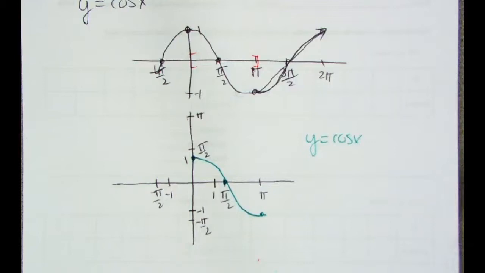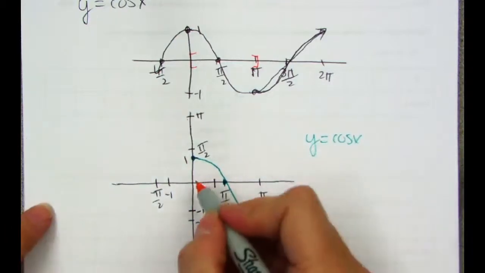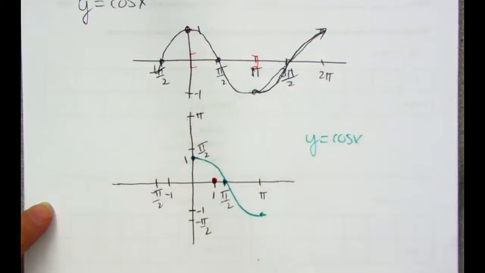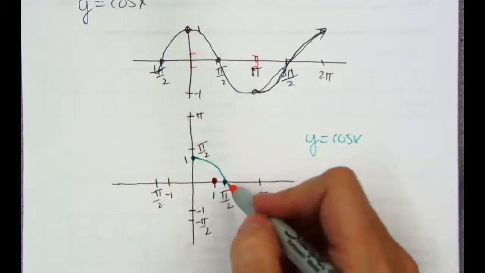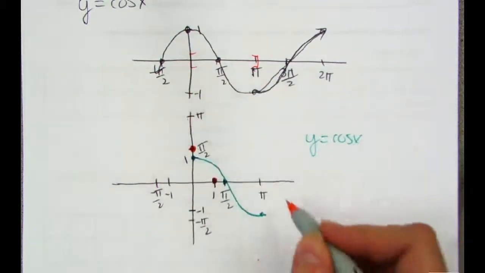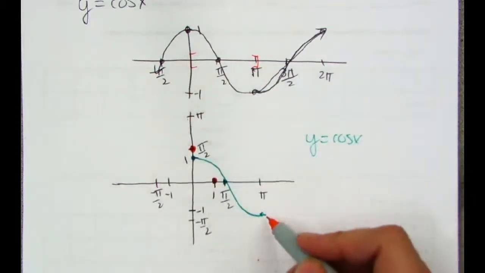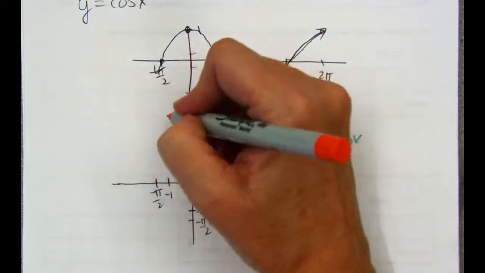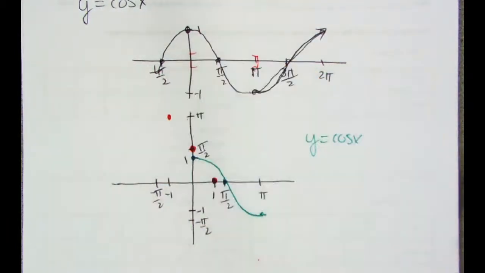Take the inverse. That was 0, 1. Now it goes to 1, 0. This is pi over 2, 0. Now I'm going to go to 0, pi over 2. This point here is pi, negative 1. Now it goes to negative 1, pi.